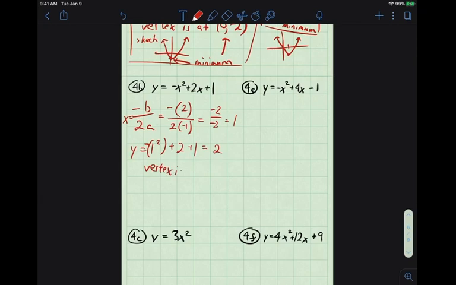Vertex is at 1 comma 2. Now, since your a value is negative, it's going to look like this. It's going to open downwards. This one's going to be a maximum.